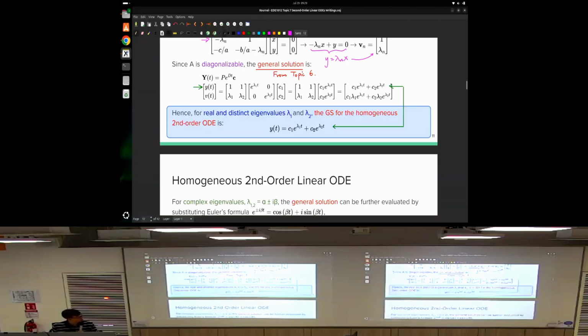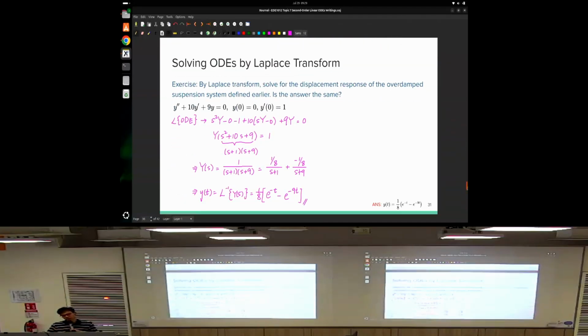Then you find C1 and C2 by applying the initial conditions later on. Meaning you get the general solution first, then you apply initial conditions. This is not the same as when you apply Laplace transform, where you straight away apply the initial conditions when you take the Laplace transform. It's totally different. It's two different methods.